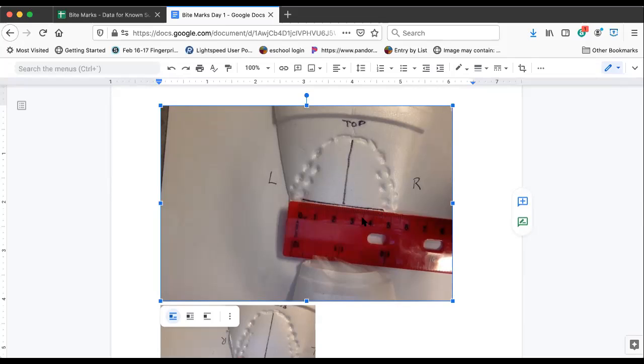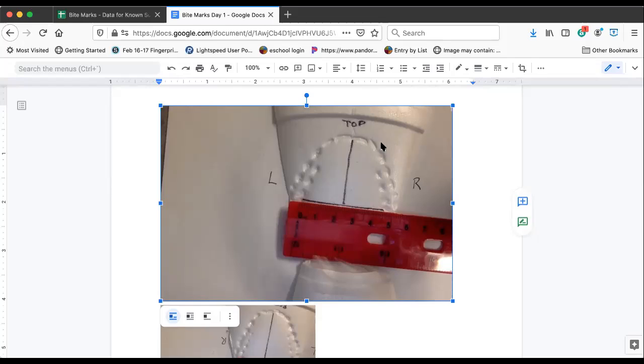Let's look at the ruler. That should be simple, right? We're going to do millimeters. So it's 10, 20, 30, 40. What do we think? That looks like about 45 millimeters. Then we figure out what teeth these are. I always like to count from the front.